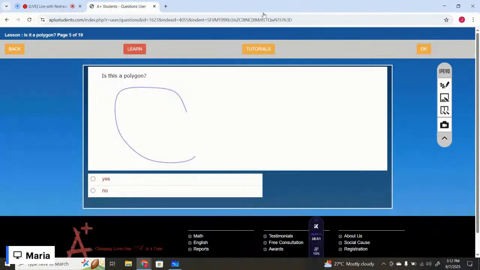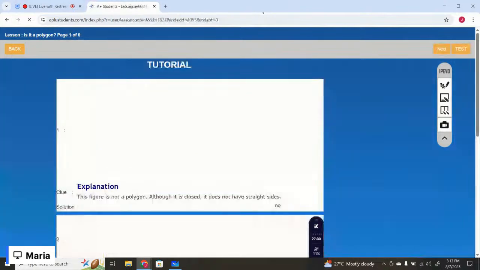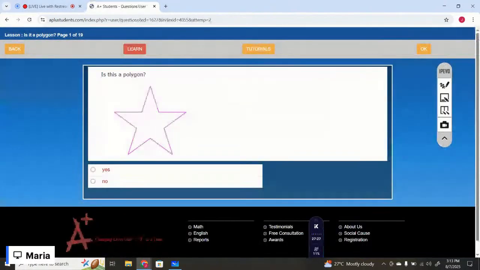A polygon is a closed shape with straight lines, right? Yes, it is. Option number one is the correct option.